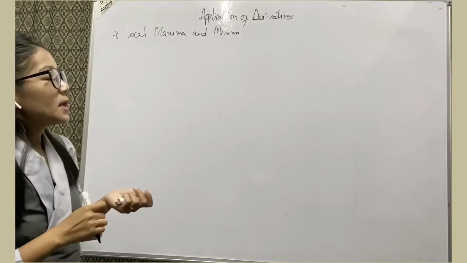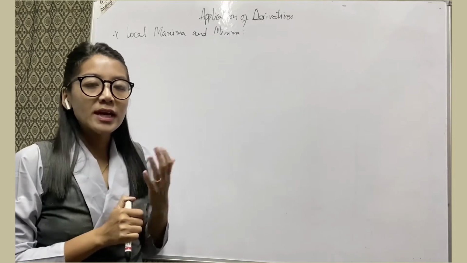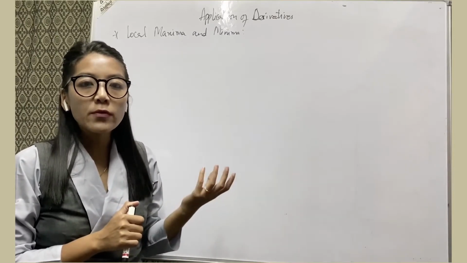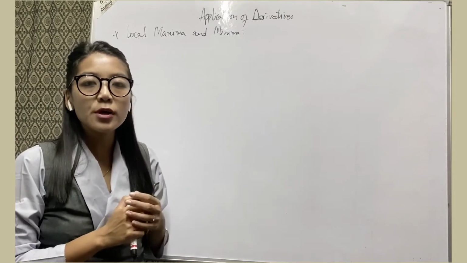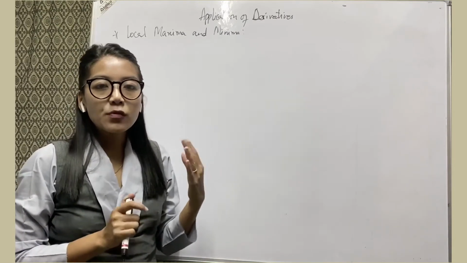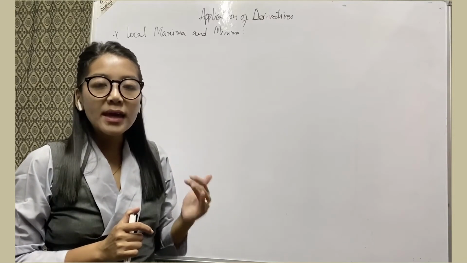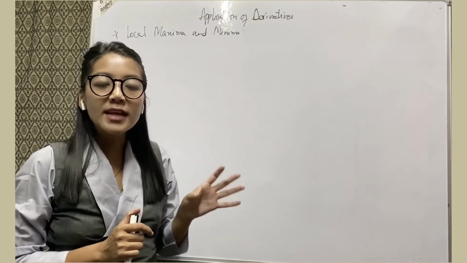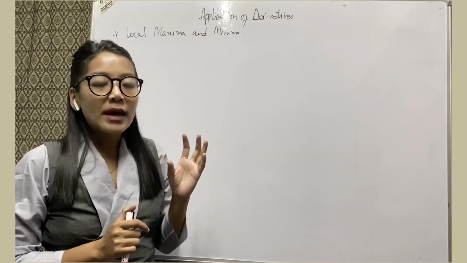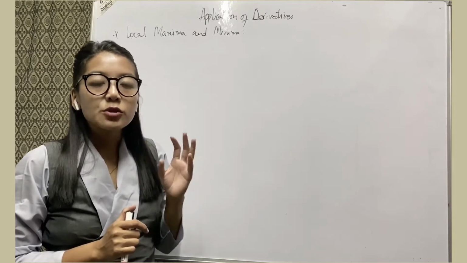Before defining local maxima and local minima, we had defined the maximum and minimum values of the function. If I quickly recall what we did in the last class, we had seen that for a function the maximum and minimum values may exist, or may not exist. If they exist, then the maximum and minimum value, or the extreme values, are unique.